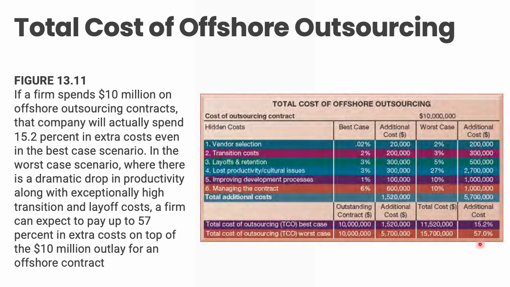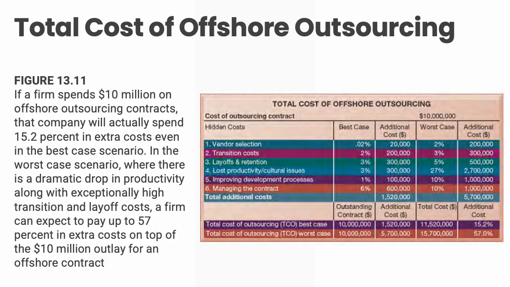So where do these extra costs come from? It could be things like selecting the vendor, figuring out which company to hire, and the transition cost, the time and effort to move work to the new vendor. Then it could be costs for layoffs, the payments to employees who lose their job, and managing the contract, the time spent managing the relationship.